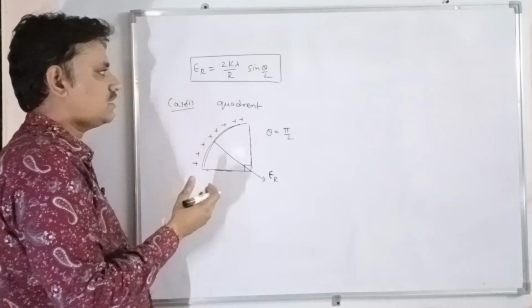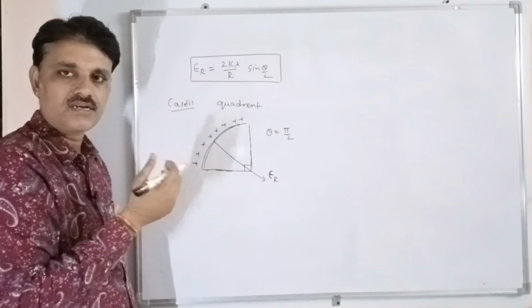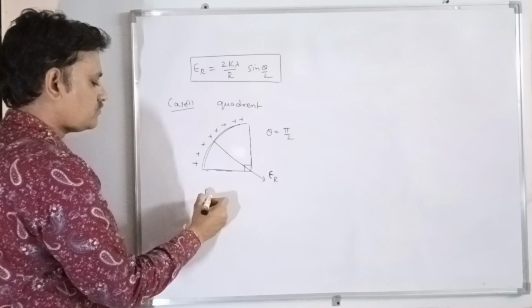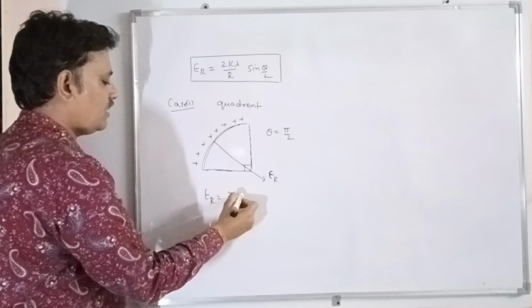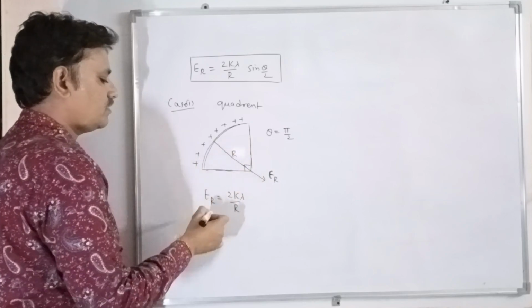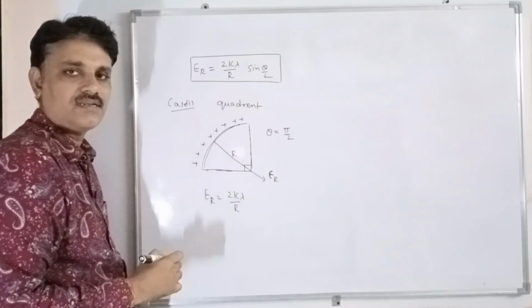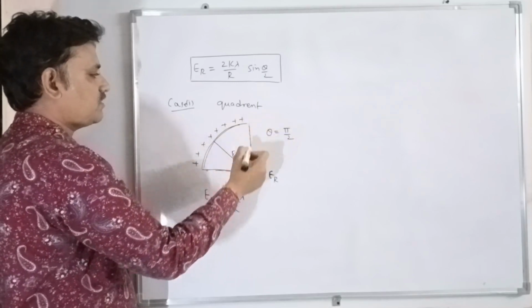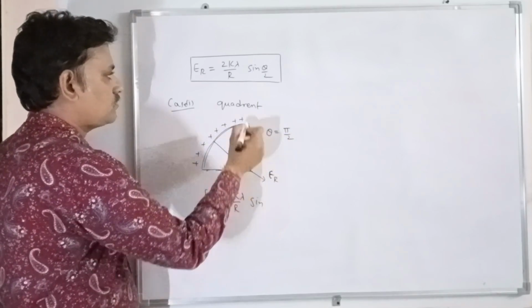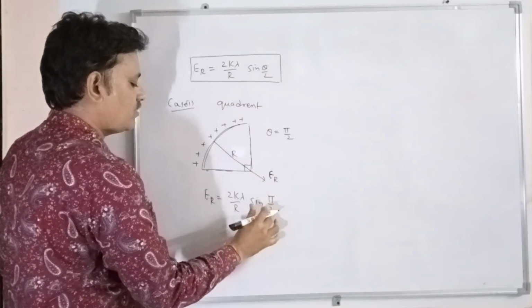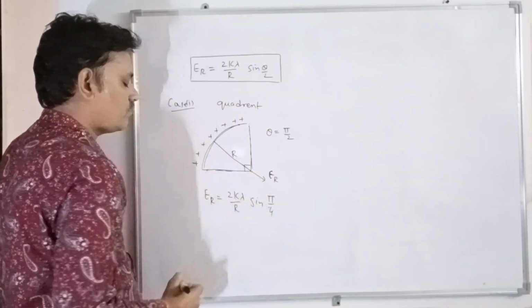In this case, we directly substitute in this formula and get the result. ER is equal to 2k lambda by r, where r is the radius of the circular path, lambda is the linear charge density, and in place of theta we put pi by 2. So in the sin theta by 2 formula, theta by 2 means pi by 2 by 2, that is pi by 4.